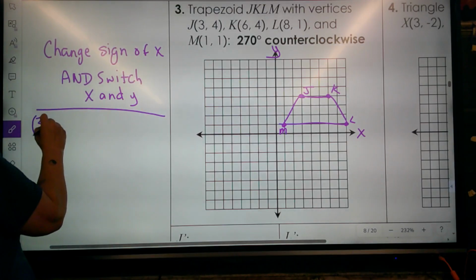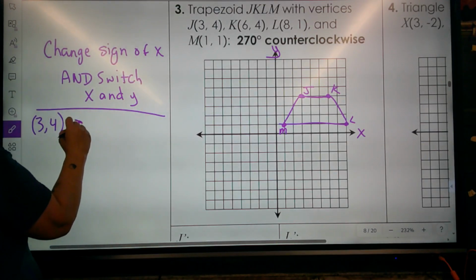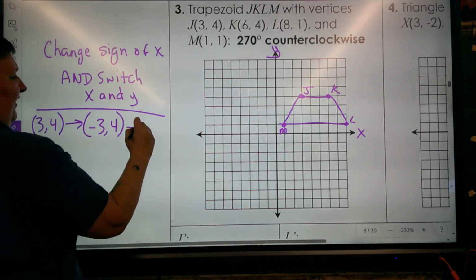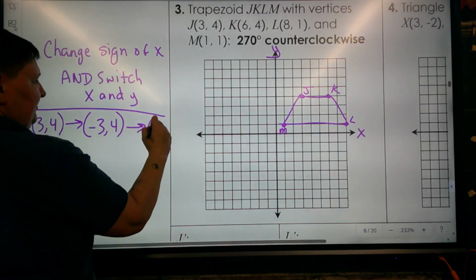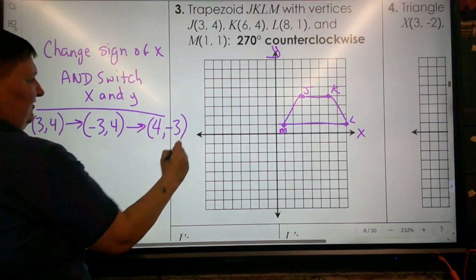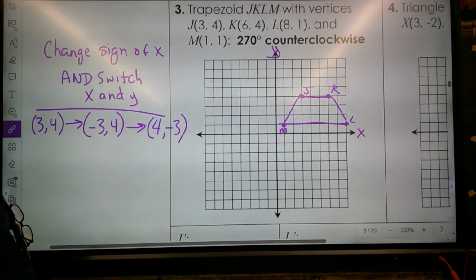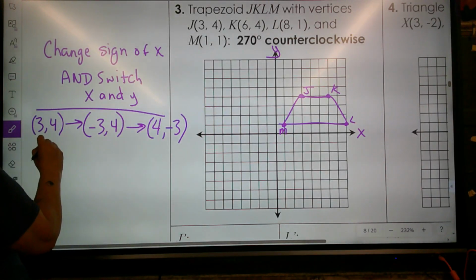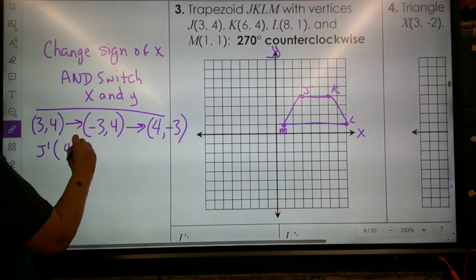So we went from 3, 4. We changed the sign of the X, it became -3, 4. And then we switched, so it became 4, -3. Just follow the steps. That's what the rules are for, right? So we're looking at J prime as 4, -3.